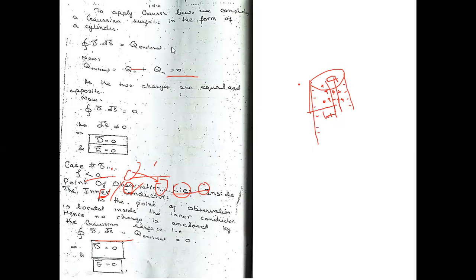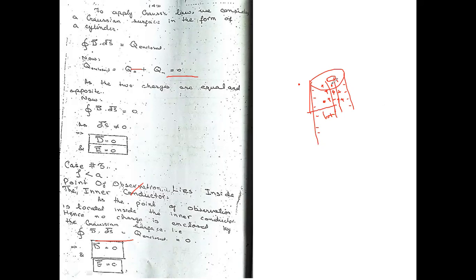Now the third and final case: we have to consider the point of observation somewhere inside the inner conductor, somewhere here. So rho will be less than A. The point of observation lies inside the inner conductor. As the point of observation is located inside the inner conductor, no charge is enclosed by the Gaussian surface.